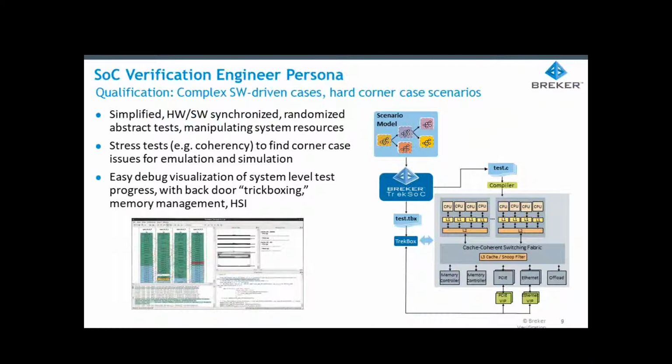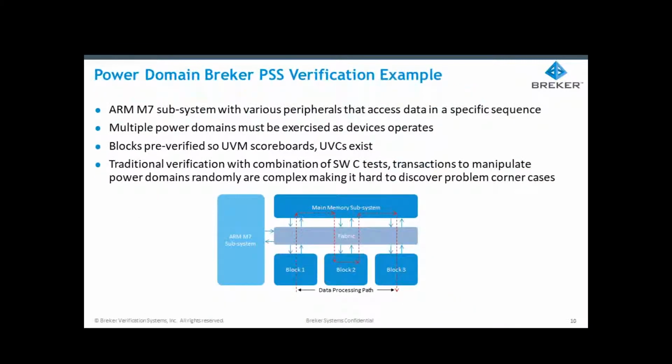And again, generate both software tests and transactions, and synchronize the whole thing together. And then run these pretty powerful tests generated from this still straightforward scenario. And in this case, you're going to have various capabilities available, such as trickbox, if you're familiar with that, and backdoor access to memory management, that kind of thing, which makes it very effective for debugging, etc.